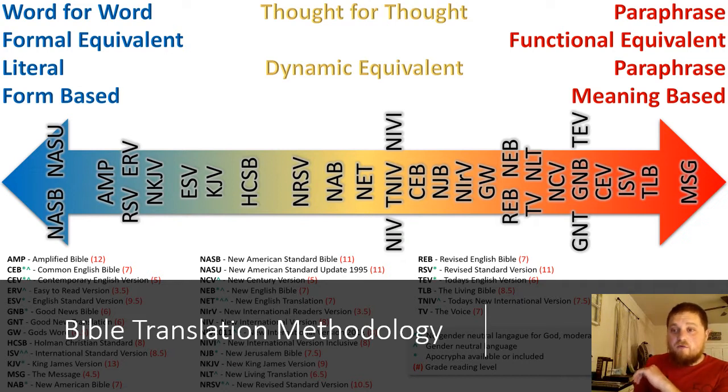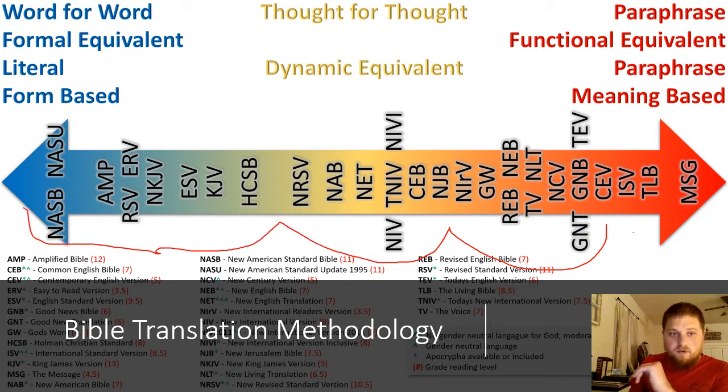Now, I think the overall goal, this is my take on it, if you have to start with something that's more towards dynamic and paraphrase, is to, as best you can, quote unquote, graduate from over on the right by the dynamic translations and paraphrases, and eventually make your way over towards the left over here towards the more formal equivalent and word for word.